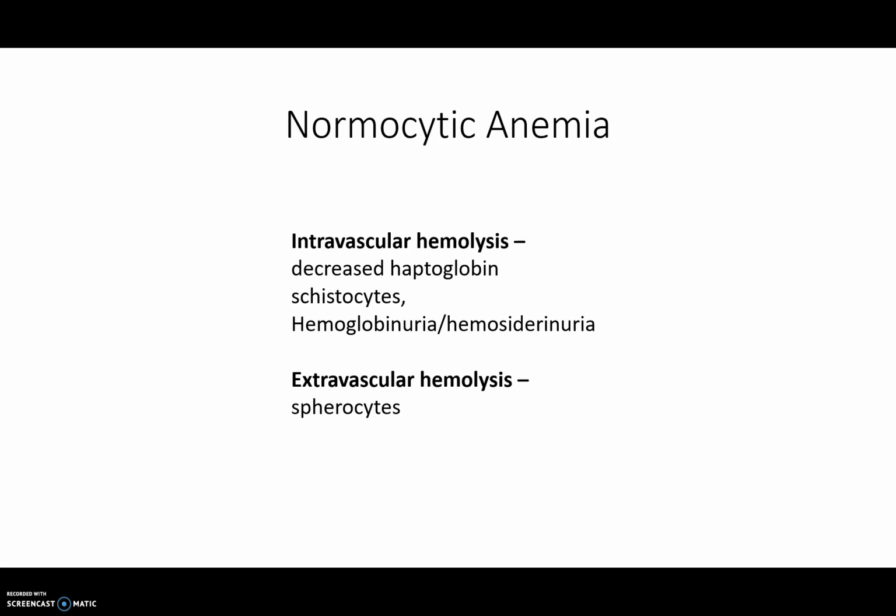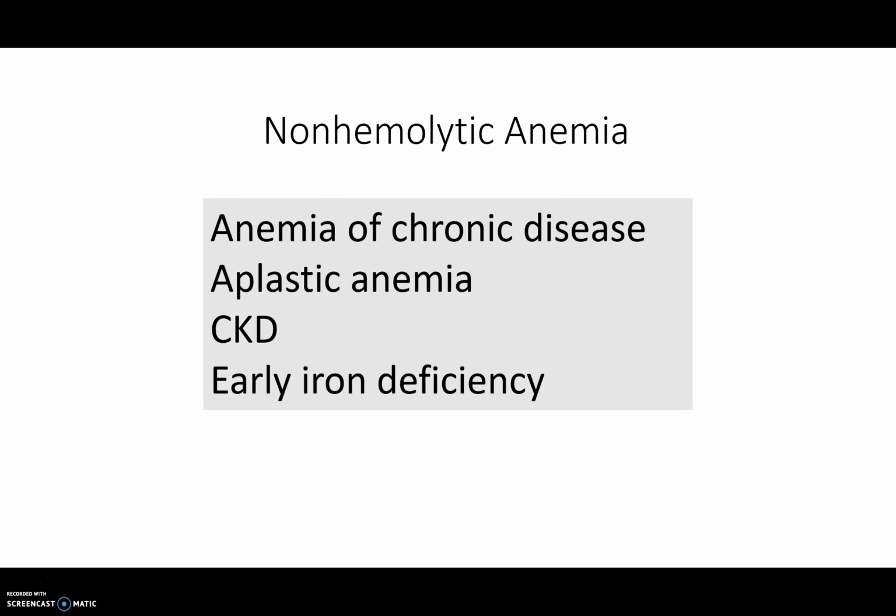And then you will see hemoglobinuria and hemosiderinuria, so you'll see that in your urine. Extravascular hemolysis is going to be taking place usually mainly in the spleen, and you'll see spherocytes on your red blood smear because those macrophages are eating away at those red blood cells as they go through the spleen.